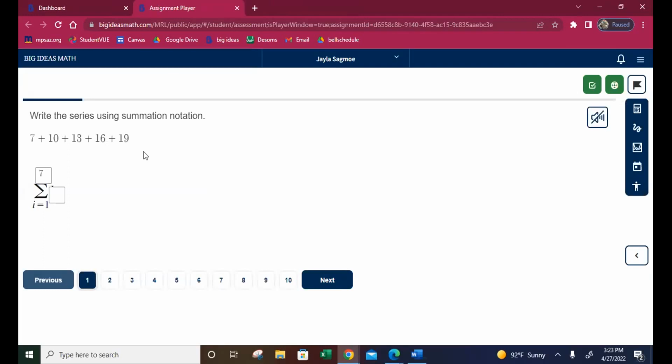The top number is the number of terms. So how many terms do you see there? 5. So that's that top number.